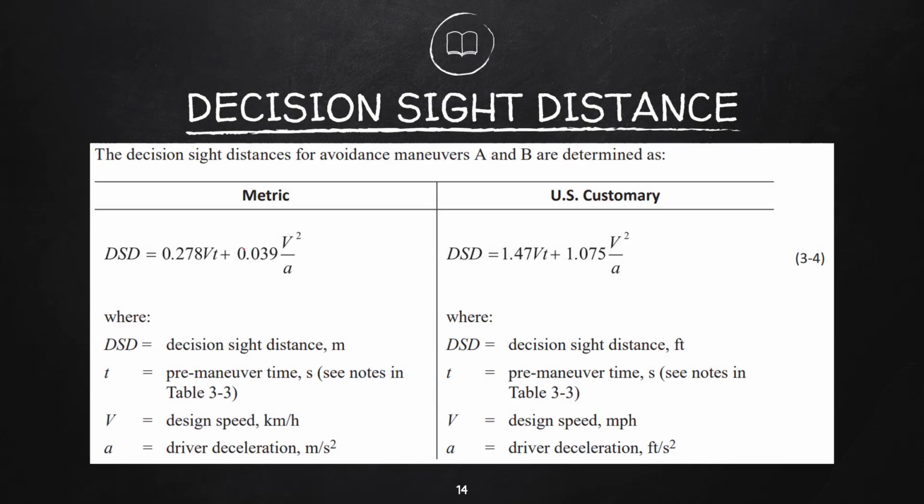So here, this is similar to the sight distance. It's just that if the option for the driver is to stop, and that is avoidance maneuver A and B, then you will use this formula. You will add the considerations for this value.